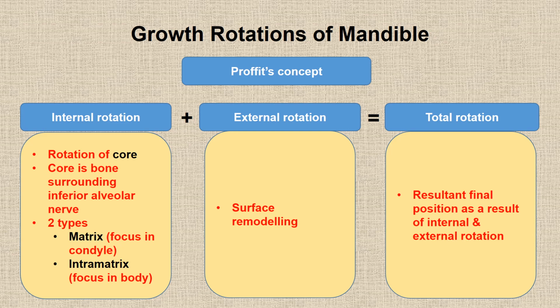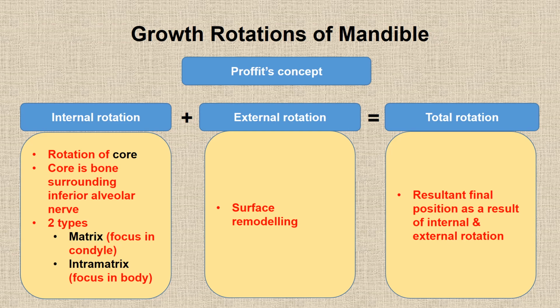Now, Profit's concept of growth rotations, he classified rotation as internal rotation, external rotation, and total rotation. Internal rotation is rotation of the core of the mandible. Now, what is this core? The core is the bone surrounding the inferior alveolar nerve. There are two types.